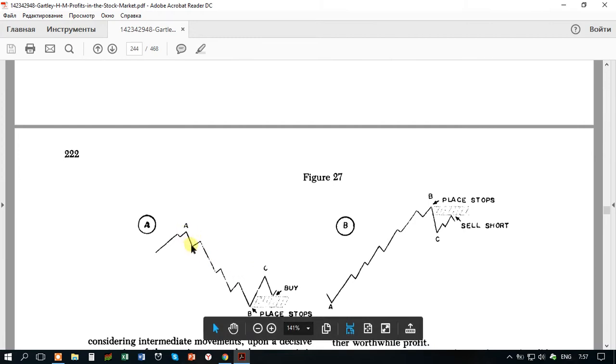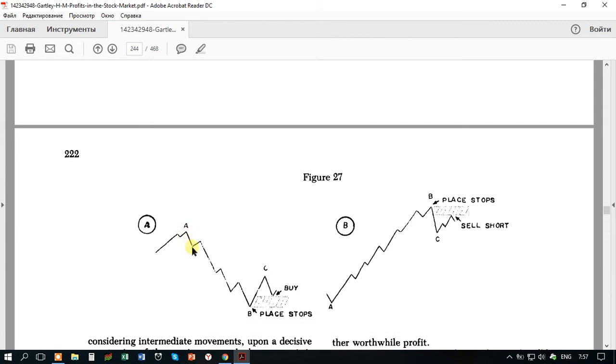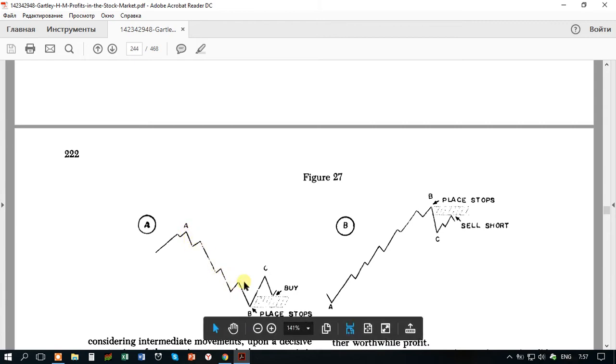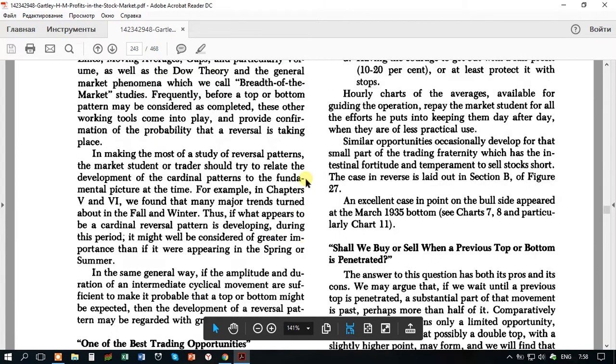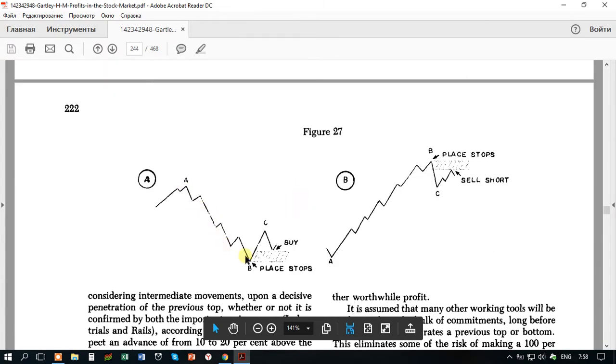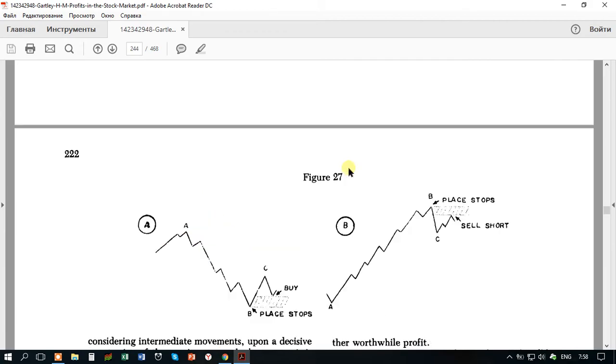Remember what an intermediate decline is? Intermediate trend. It is the same, intermediate decline. 1, 2, 3, 4, 5. So it should be a series of lower highs and lower lows. An intermediate decline, such as that on the diagram, like this.